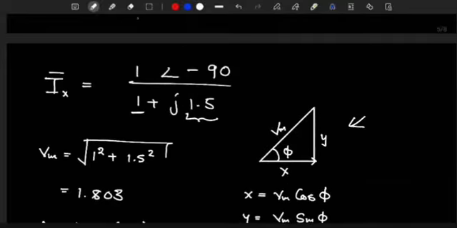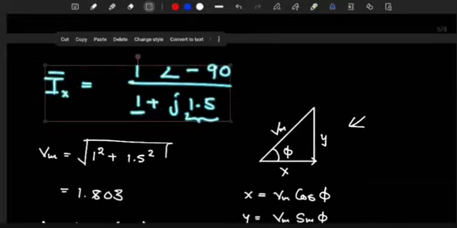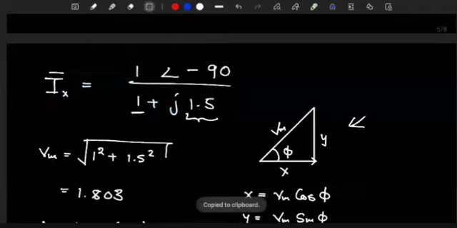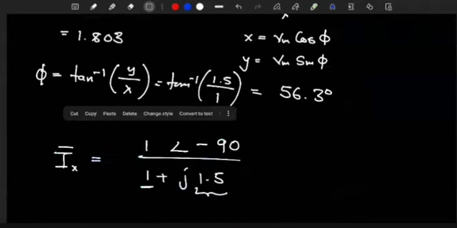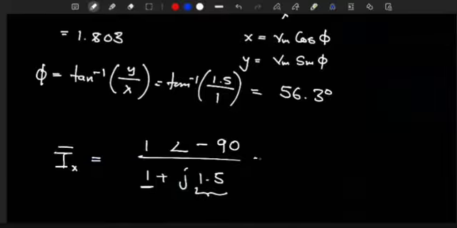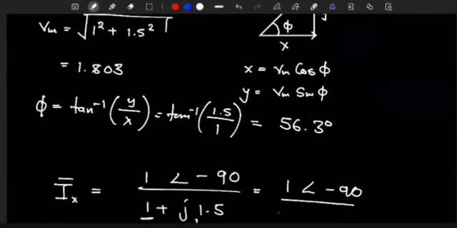So our Ix can now be written as 1 phasor minus 90 over the peak, we got 1.8.